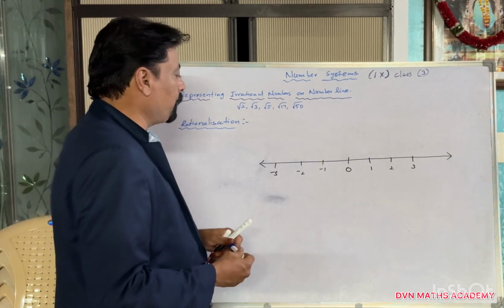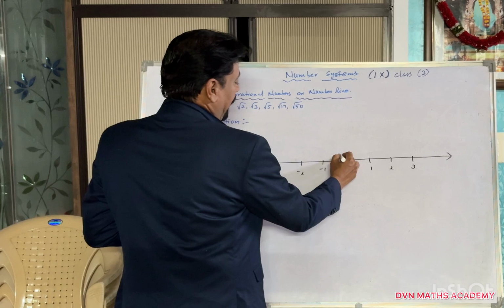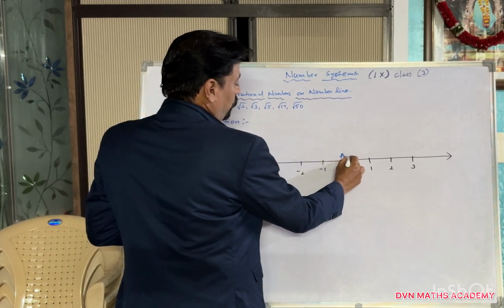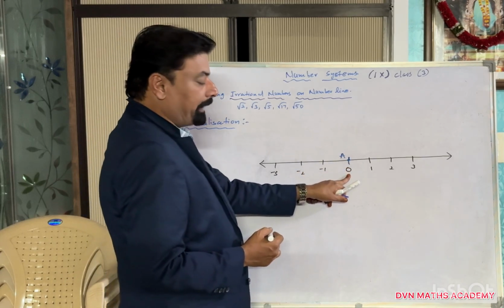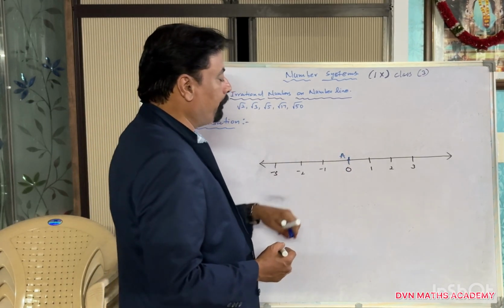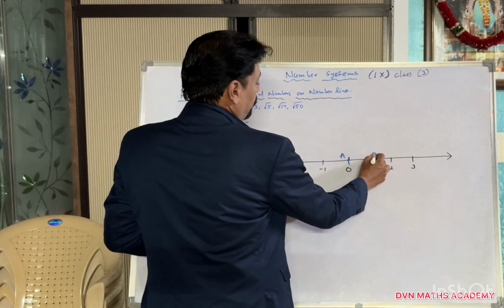For that purpose, what I am doing here is, you say this point 0 is A. On the number line, I have taken the 0 point as A, and you take a point B on 1, the first unit.